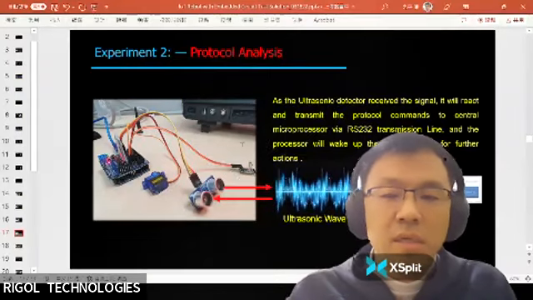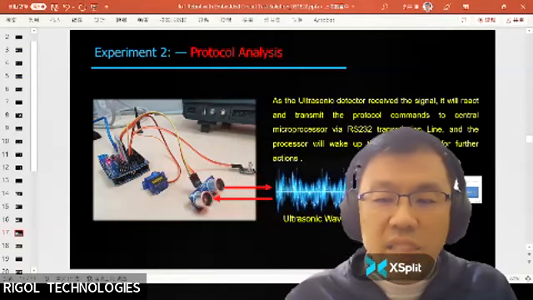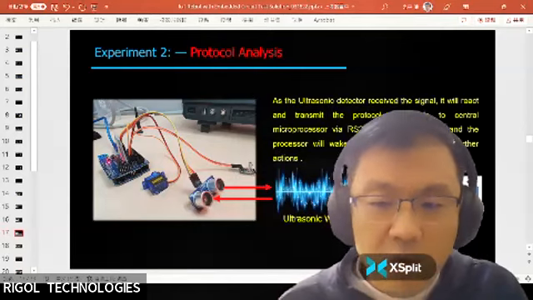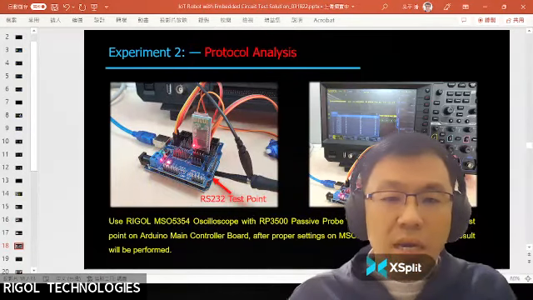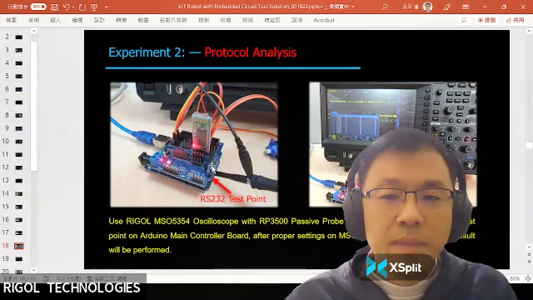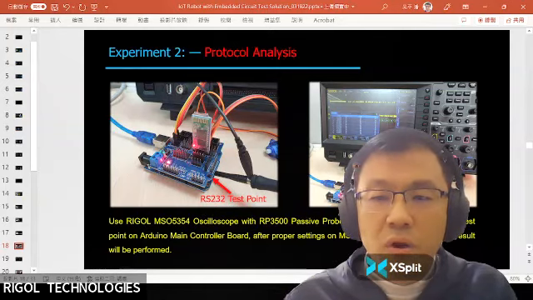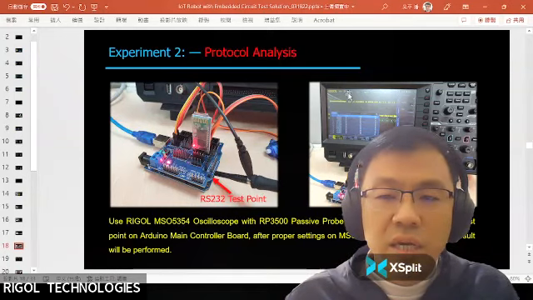So for the protocol analysis, we can take the RS-232 protocol as the example. For the next slide, you can see the RS-232 test point. We can use the probe to monitor the protocol on the oscilloscope display here.